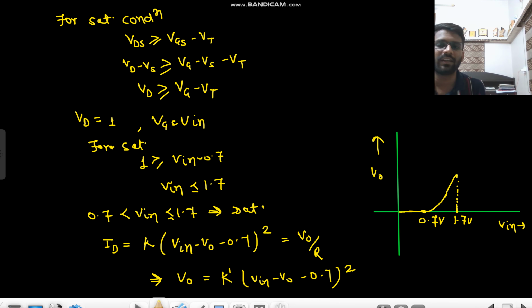And for V in greater than 1.7 volt, we will have linear region.